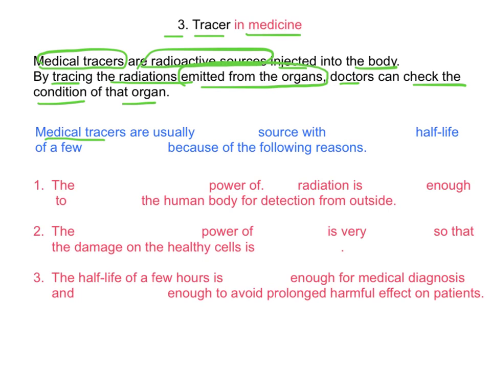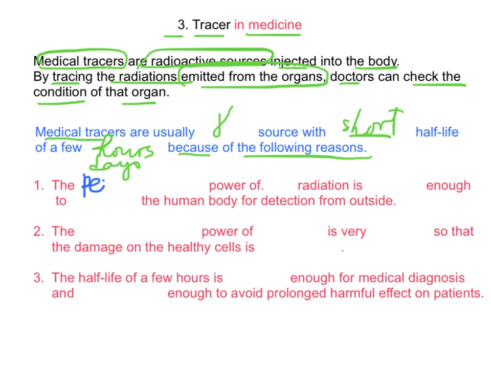Medical tracers are usually gamma sources because gamma waves can pass through our body, with short half-life of a few hours or days, because of the following reasons.